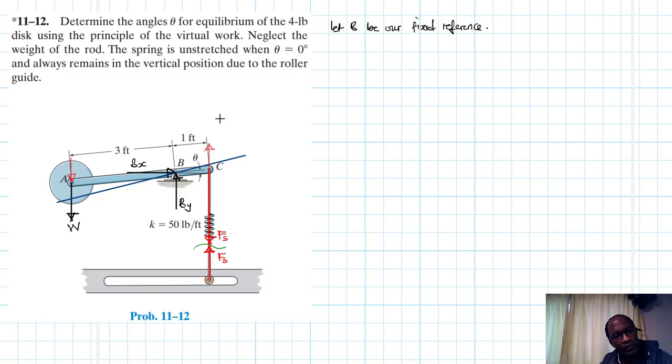All right. So if that is the case, then let's define it quickly so that we start working. Let's define point C, this point there, like so.